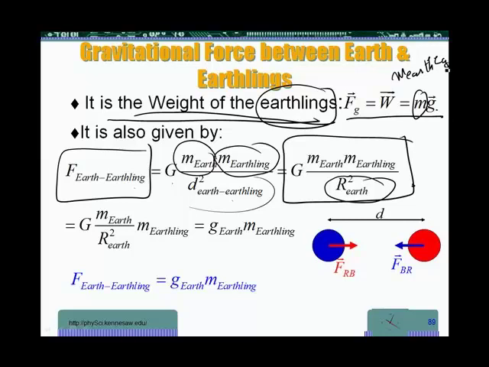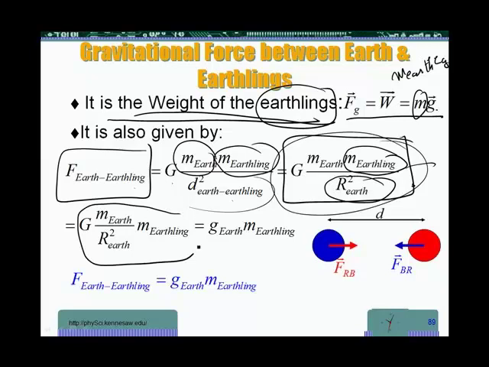So what we are going to do is, in this equation here, we try to isolate this a little bit, kind of move it around. So it's just the same expression. See, we have everything. I just moved M Earthling out of the ratio. Once we do that, what do we notice? We notice that this equation can look like this thing times M Earthling.